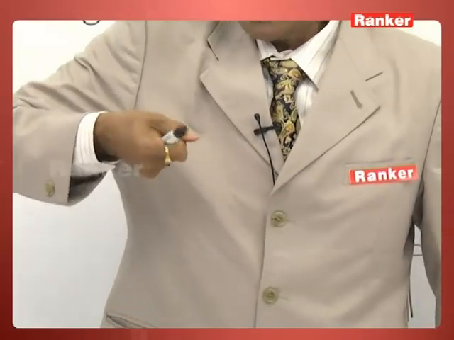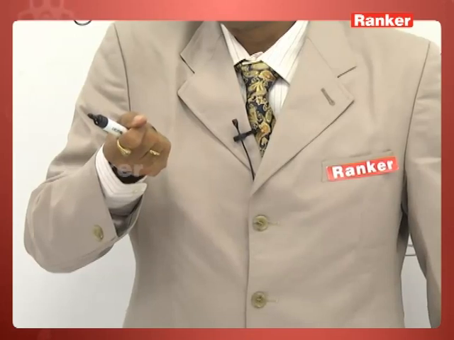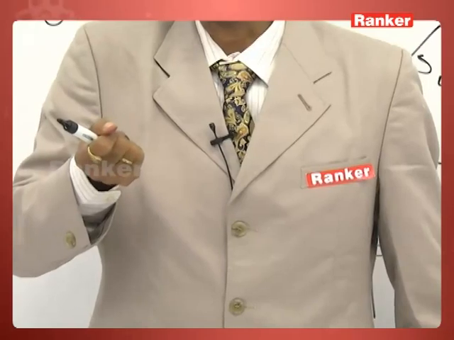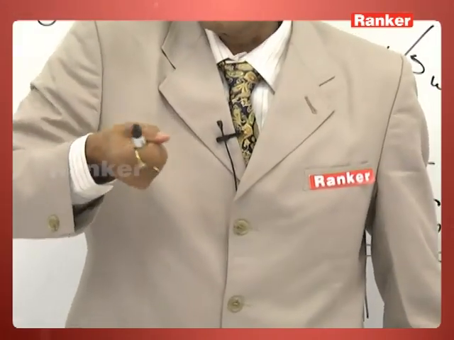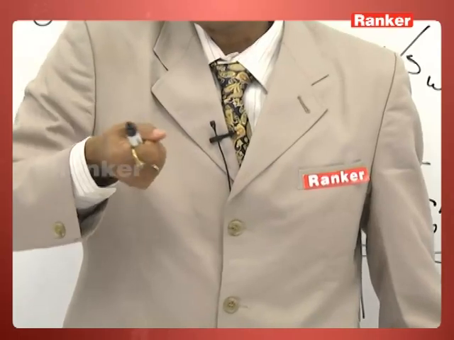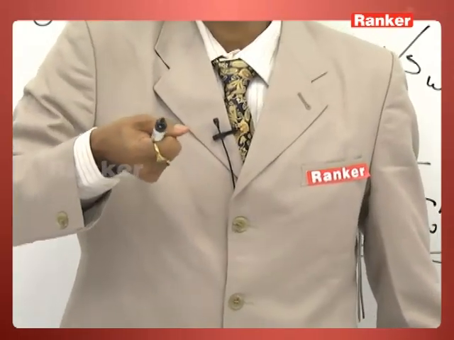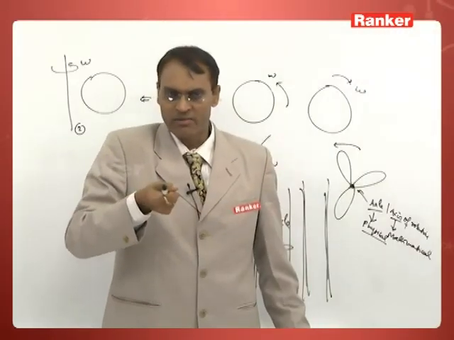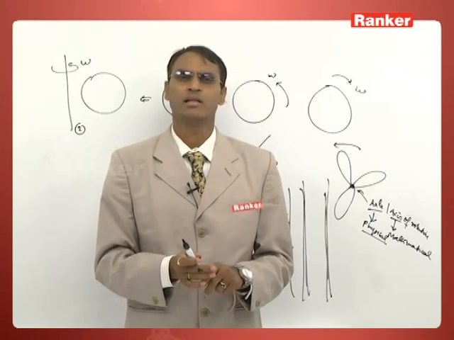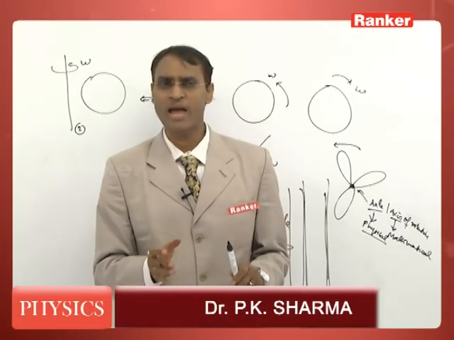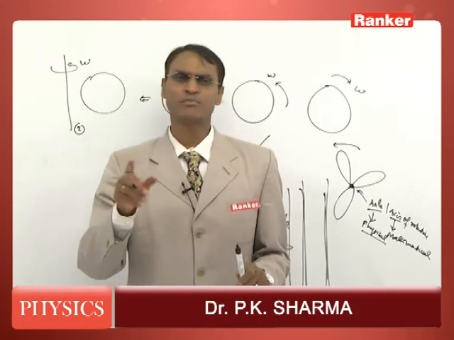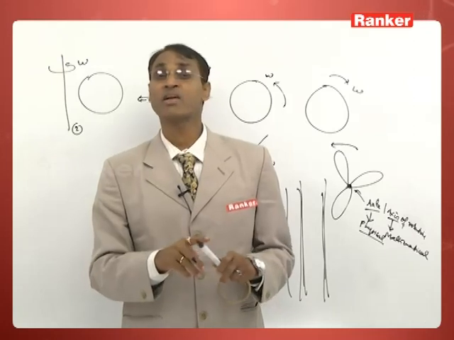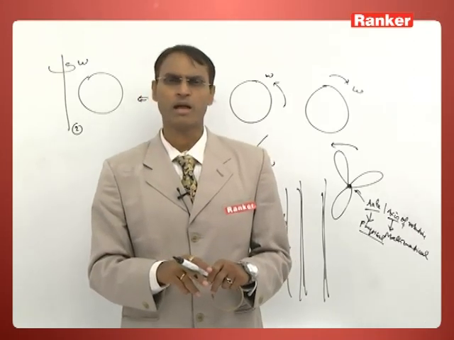When you rotate the axle, you are changing the direction part, the direction of the angular velocity, even though you are keeping the angular speed constant. In this way, you are changing the angular velocity vector. In the next class, I will tell you what will happen if you change either the direction part or the magnitude part of the angular velocity vector. Another vector will come into play, that is called angular acceleration.